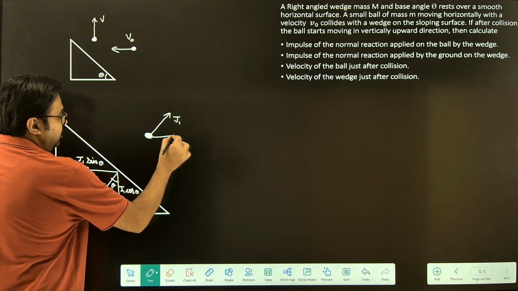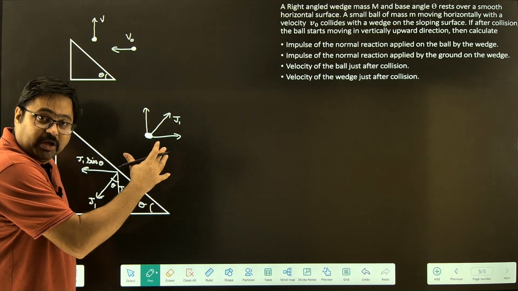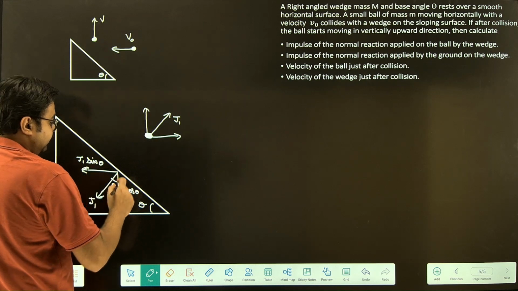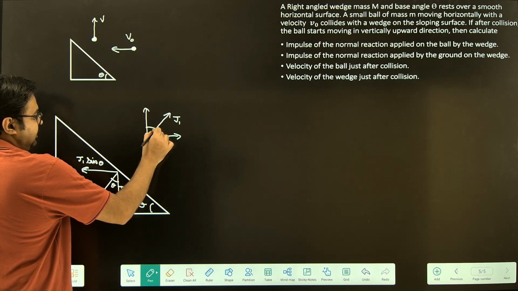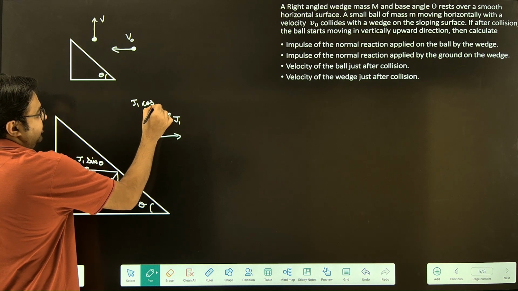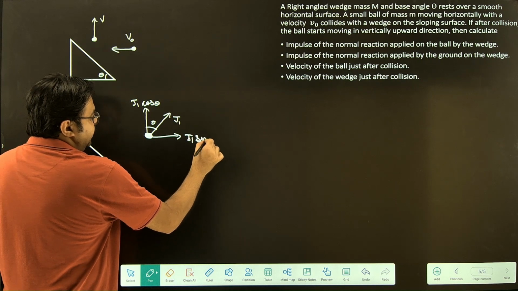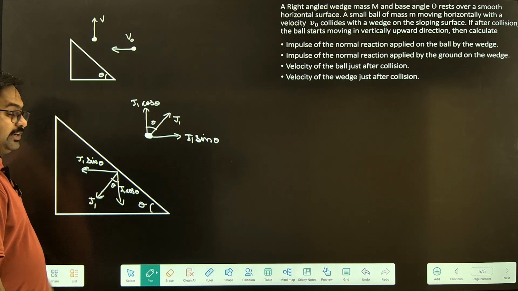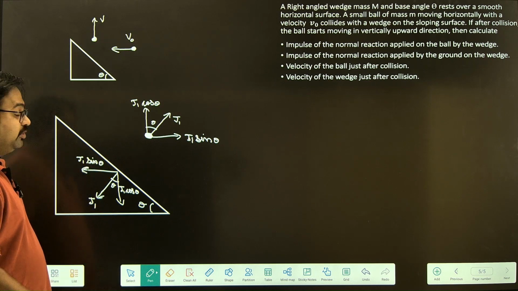The same thing holds for the colliding ball. This diagram is during collision, not before or after. It's all Newton's third law. So this angle is theta. J1 cos theta is in the upward direction and J1 sin theta is in the horizontal direction. So these are the set of impulses that are acting on the ball and the wedge during collision.